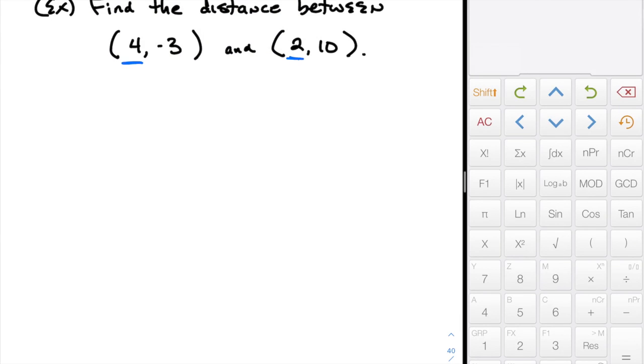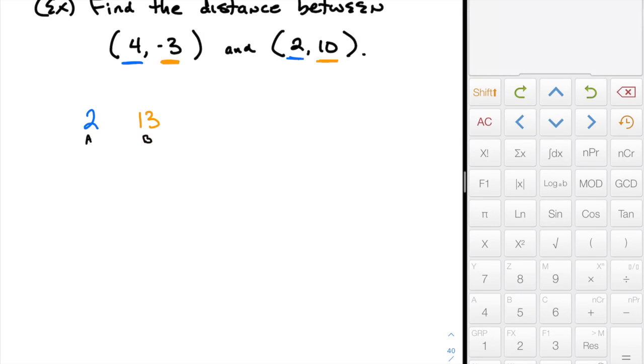The difference between 4 and 2 is 2. Now, how far apart are your y's? The difference between -3 and 10 is 13. We're going to use this 2 and the 13 as your A and your B.